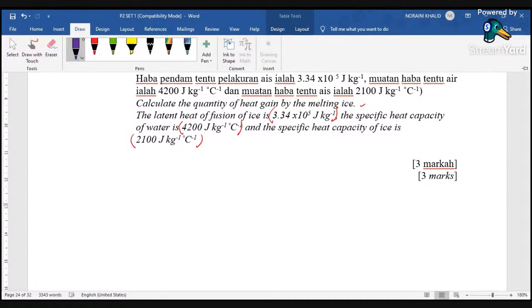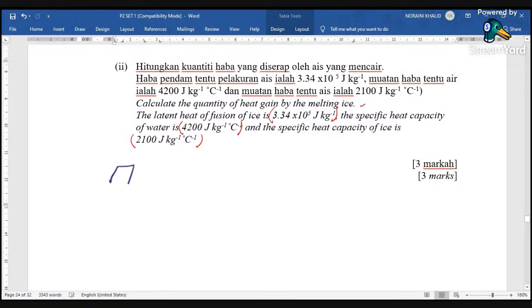Look at what happened in the process. Initially it is ice, temperature -3. Heat absorbed, still ice, 0 degrees Celsius.